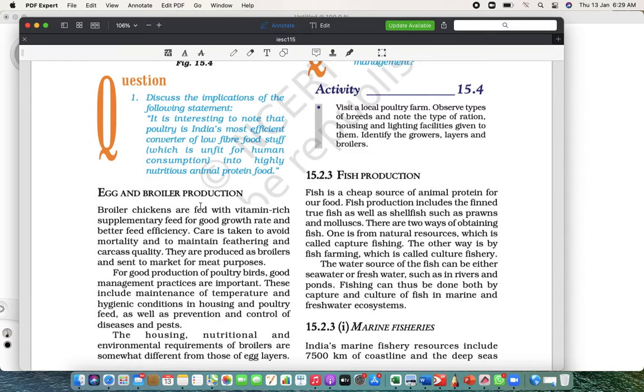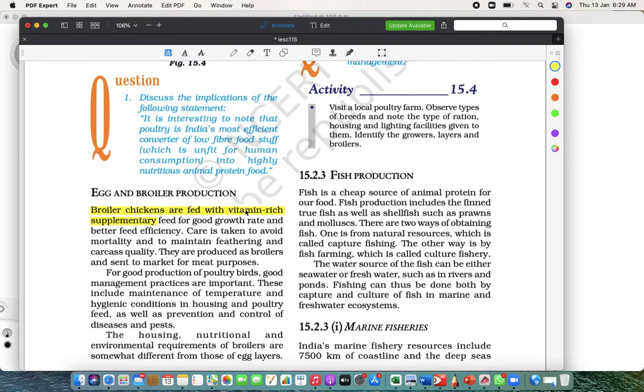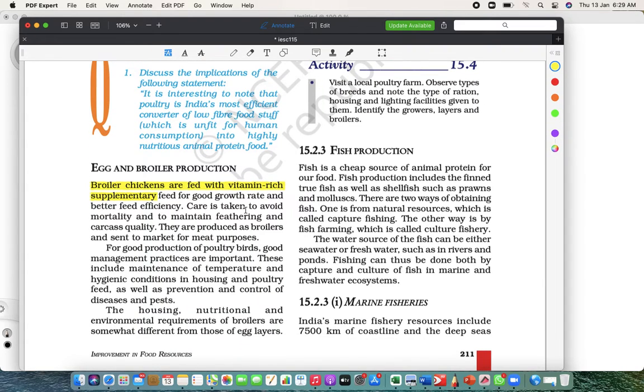Now egg and broiler production. There are two types of chickens available. Broiler chickens are fed with vitamin rich supplements so that these chickens will have a good growth rate and better feed efficiency, right?